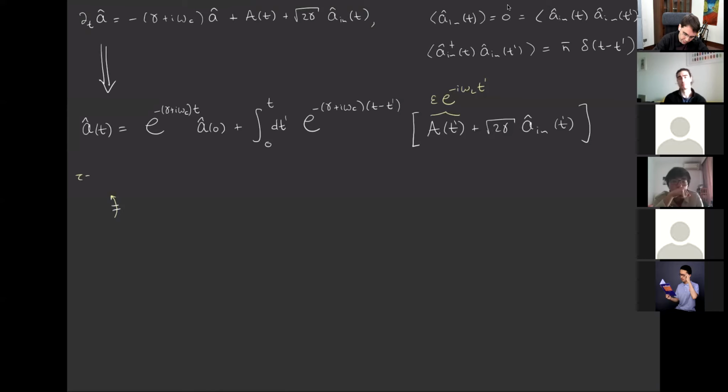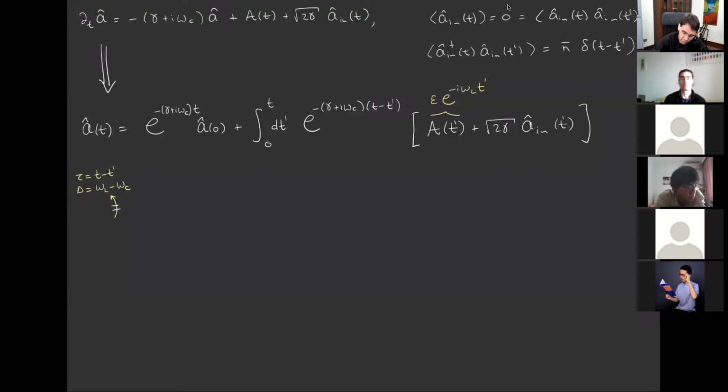So I will define tau, that is t minus t prime, so it's the combination that appears in the exponent, okay? And I also define a delta, detuning, which is just the detuning between the laser and the cavity frequency, okay? So we are driving the cavity, but maybe with a frequency that is not exactly the one of the cavity, but any other.